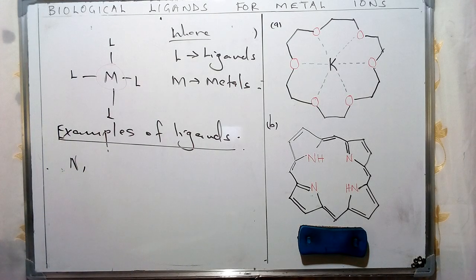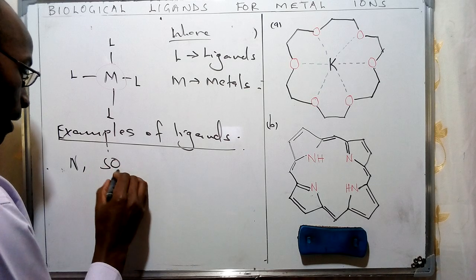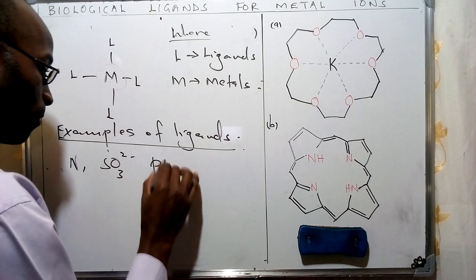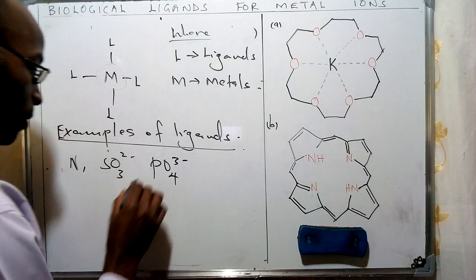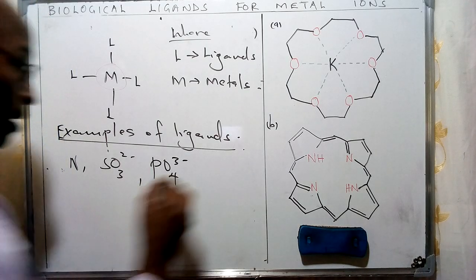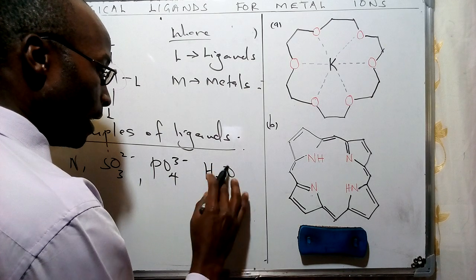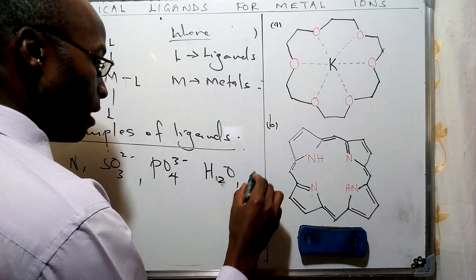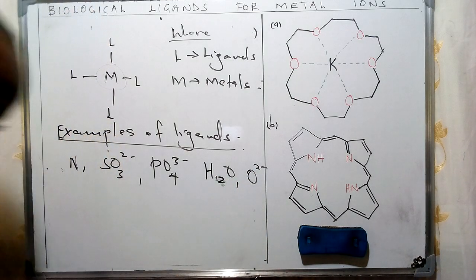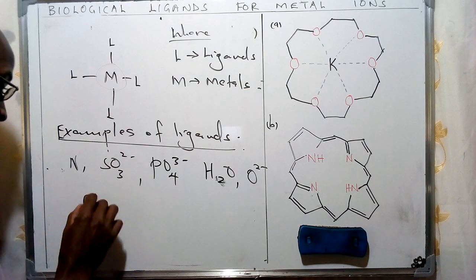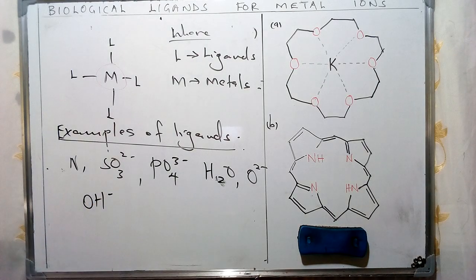And then we shall have other chemical species like the sulfide, the phosphate, and of course we can have water as a ligand, and we're going to have oxides as ligands, and perhaps we can give hydroxide ions as also another set of ligands which we're going to come across. So these are some of the examples which we can give in terms of these specific complexing agents which are going to be joined with metals to form complexes.